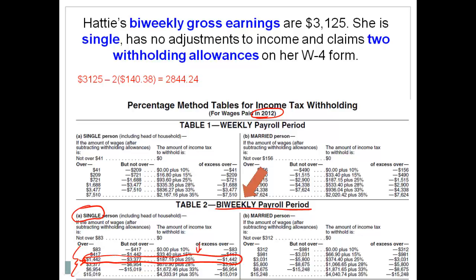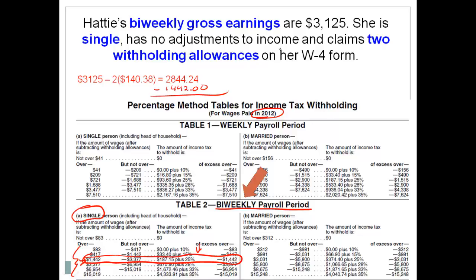And the directions right over here tell me what to do. They say we will have to withhold for her $187.15 plus 25% of the amount over $1,442. So that means I'm going to take $1,442 off of the amount that I just looked up in the table and multiply that difference by 25%.